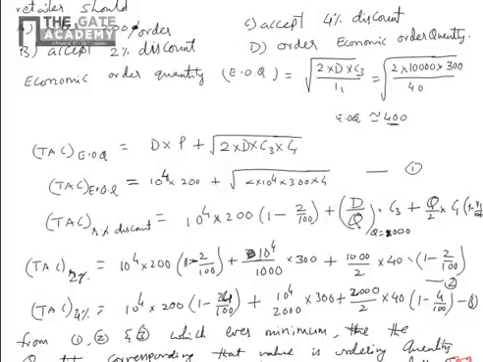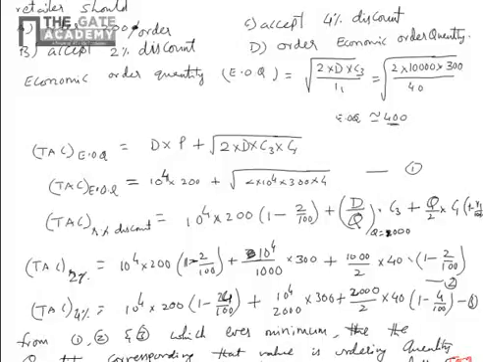So this is called the discounted model. In the discounted model, first you need to calculate economic order quantity. After getting it, you need to calculate the total annual cost at economic order quantity.